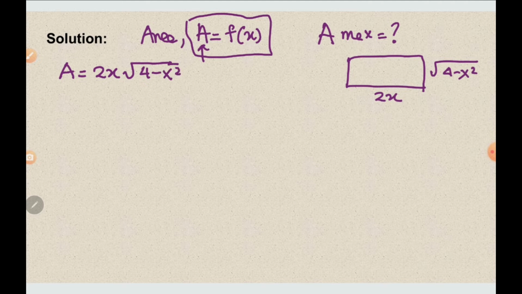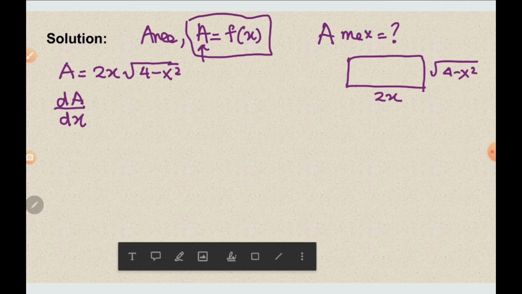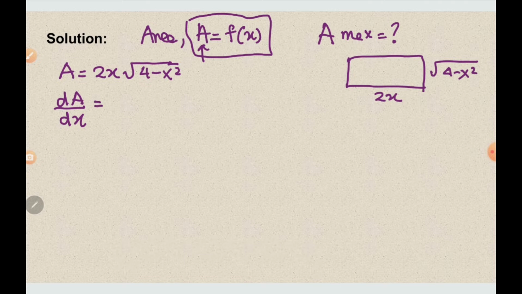Then you need to differentiate A with respect to x to get the maximum area. Therefore, dA/dx is equal to, I will use product rule here, where 2x I will let as u and square root of 4 minus x squared I will let as v.